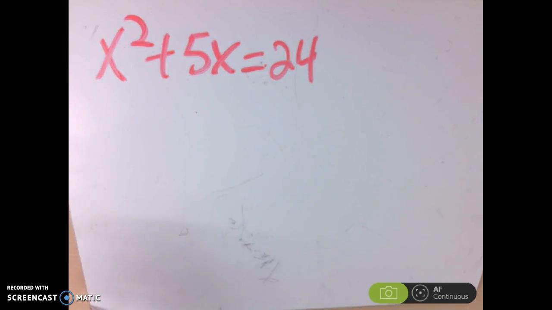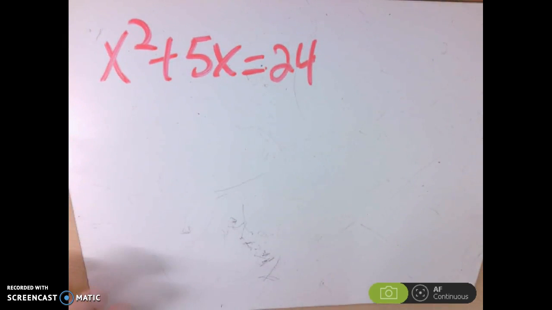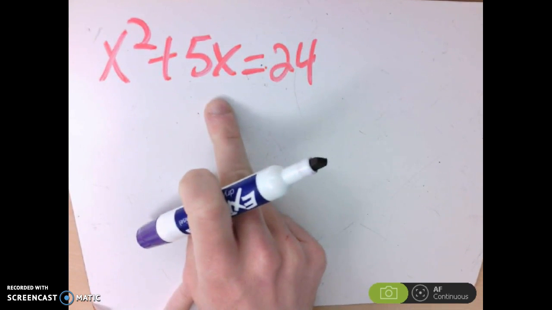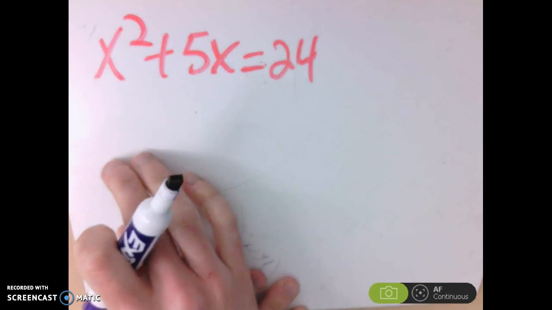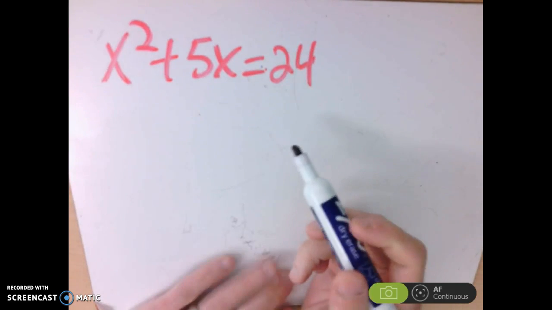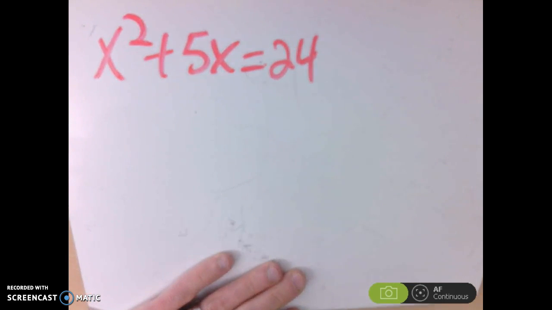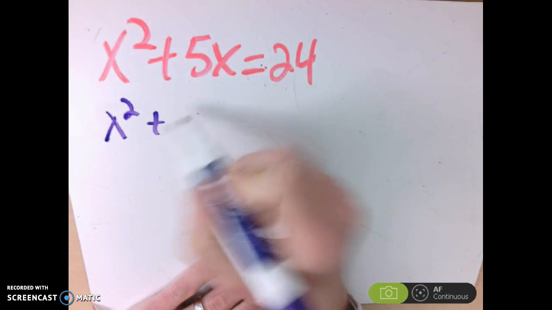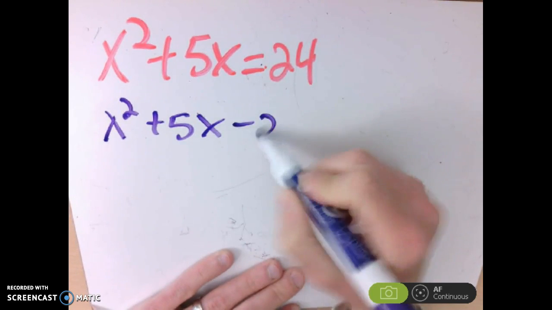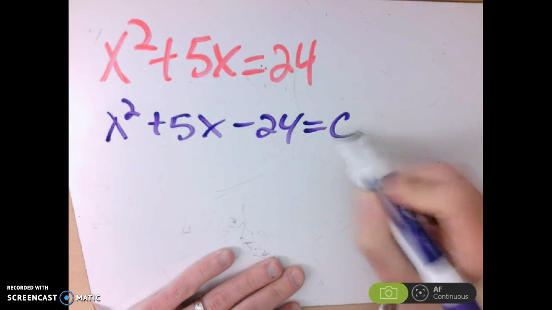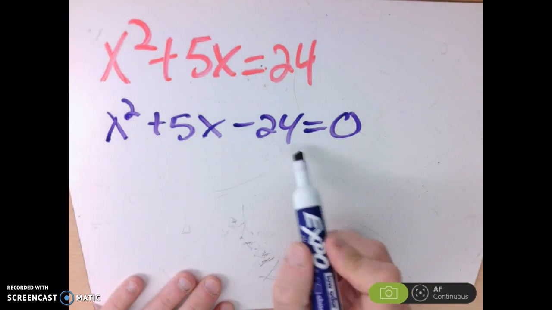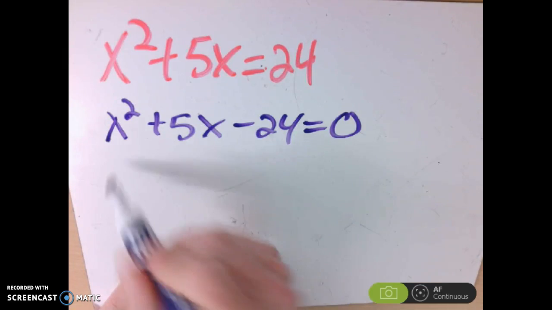So if we have x squared plus 5x equals 24, to solve quadratics, I know that if I have an x term, I always need to get everything onto one side and get my equation equal to 0. I'll tell you why I said that in a minute. So we have x squared plus 5x minus 24 equals 0. Now I have to factor this. What are factors of negative 24 that add up to positive 5?